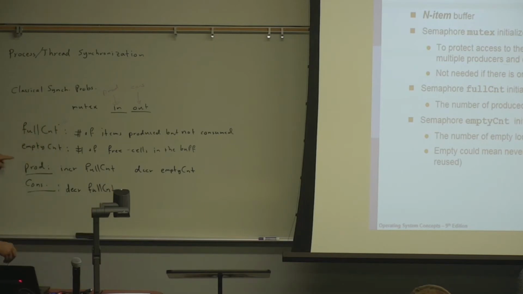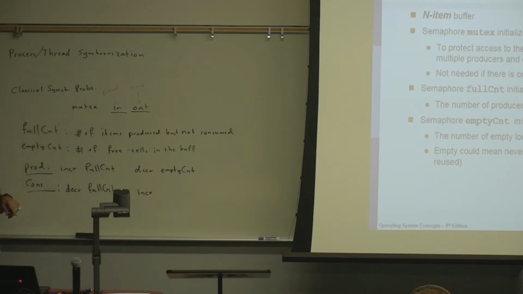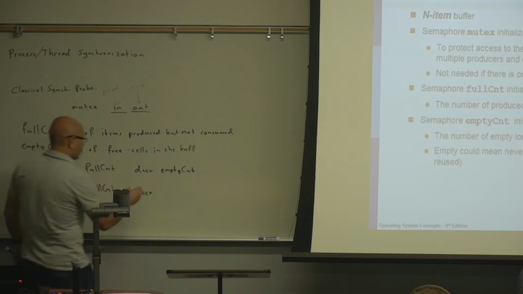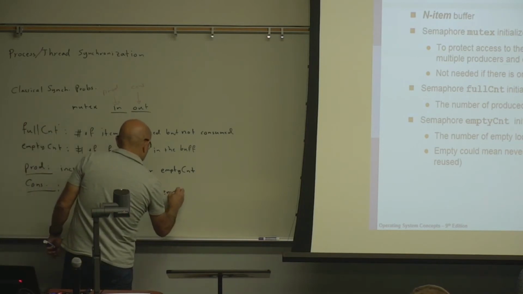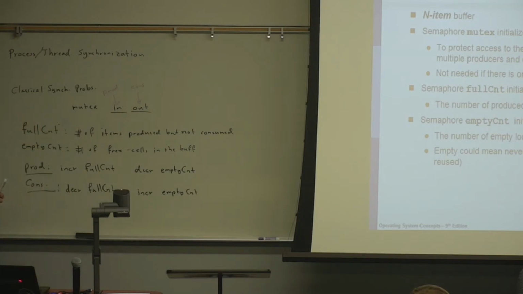What will the consumer be doing to empty count? Increment, because it will be making one more cell free. It will be consuming an item, and that cell will become free. Increment empty count.